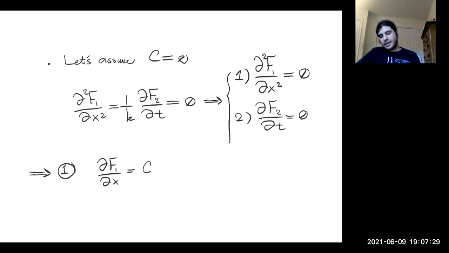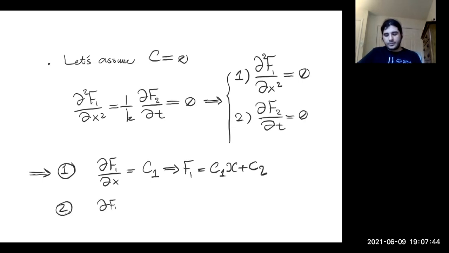Let's call that c1. Therefore, f1 itself should be c1x plus c2. The second equation says the derivative of f2 with respect to t is 0, so f2 should be constant. Let's call that c3.